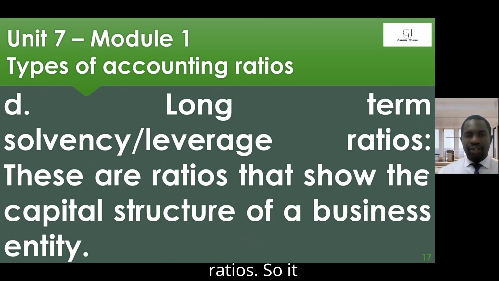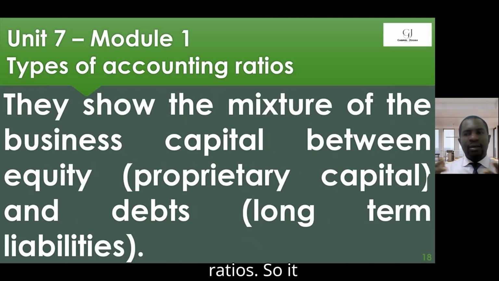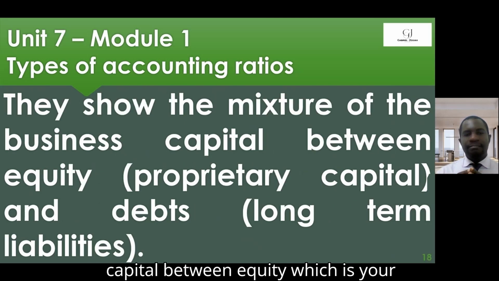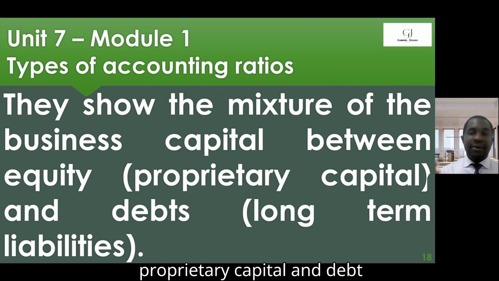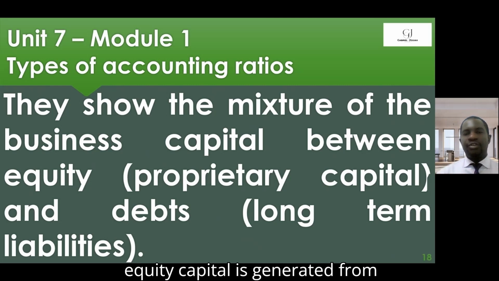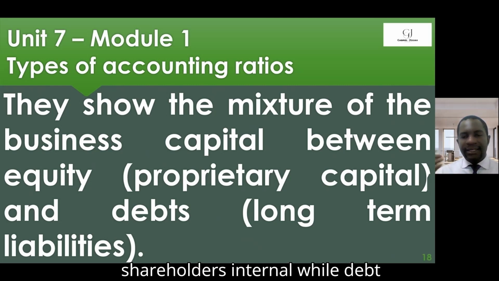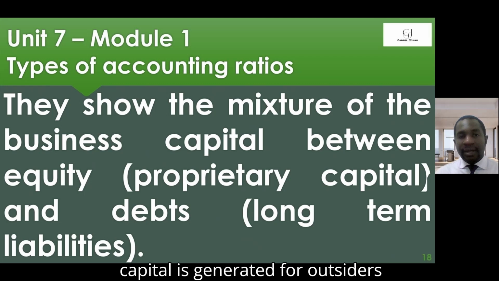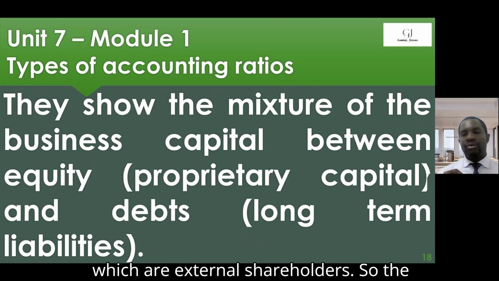They also show the mixture of the business capital between equity, which is your proprietary capital, and debt, which are your long-term liabilities. Equity capital is generated from shareholders, internal, while debt capital is generated from outsiders, which are external shareholders.